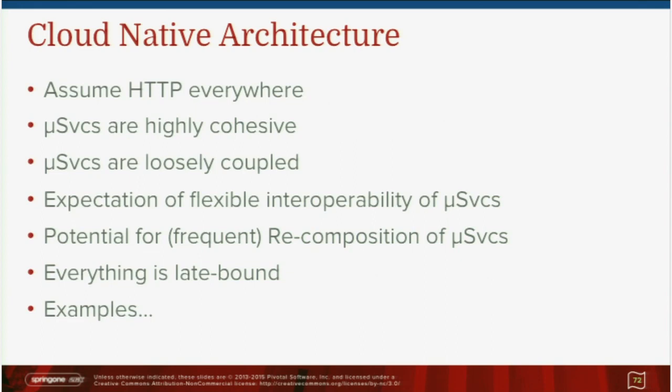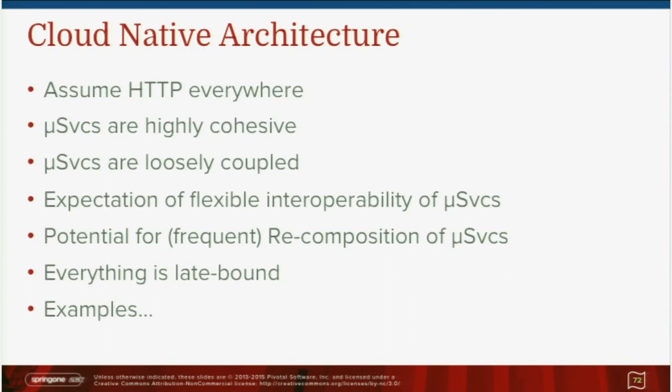And the expectation is that we have the ability to do frequent recomposition, and we can say, oh, we've deployed it this way, but we're going to reuse that microservice someplace else, where it wasn't originally intended to be used, or maybe the requirements have changed and we need to change it up a bit.